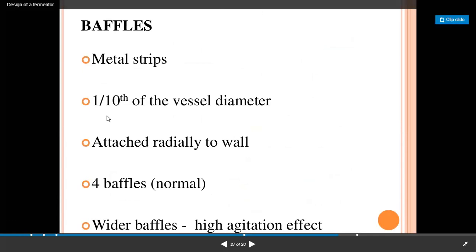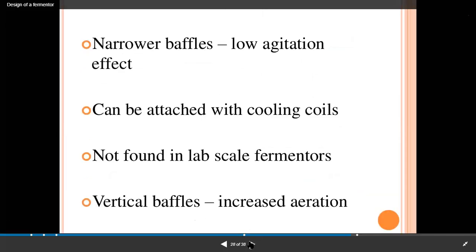Then baffles, metal strips, one tenth of the vessel diameter, attached radially to the wall. Four baffles are normally used in our basic design. Wider baffles give a high agitation effect. Narrower baffles give a low agitation effect.